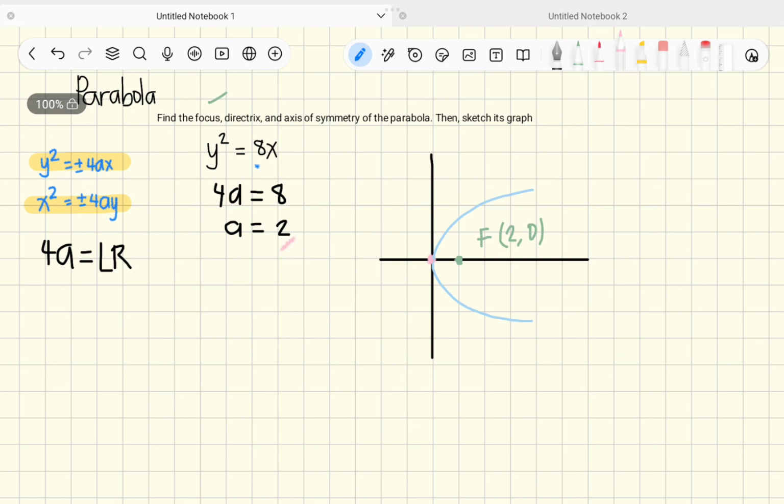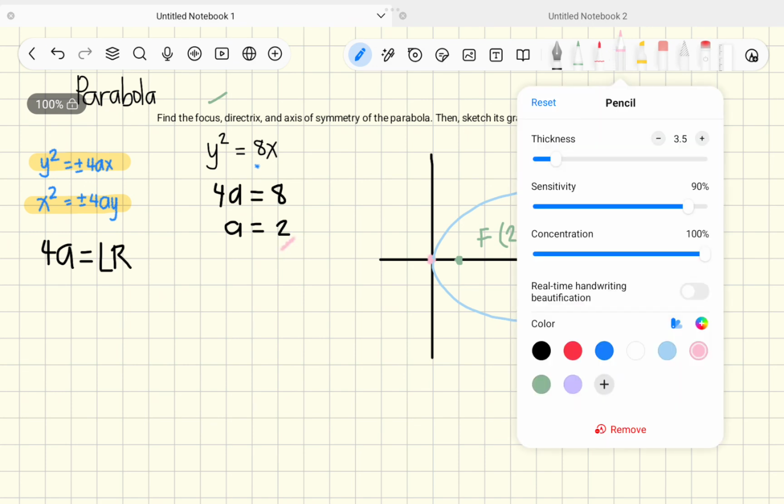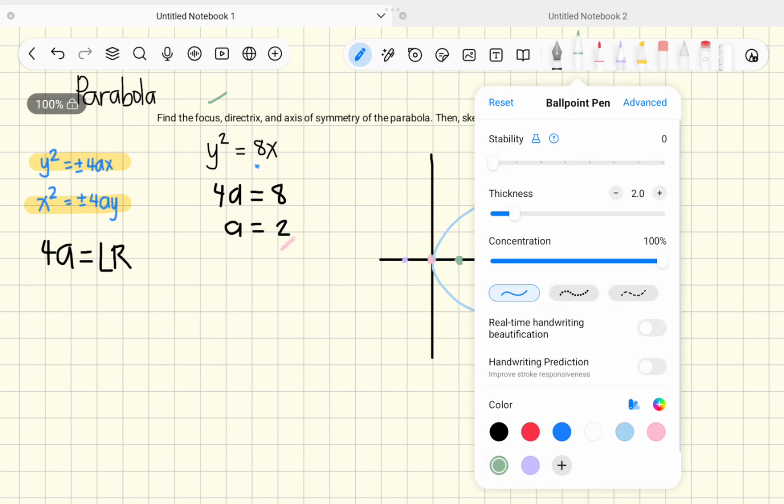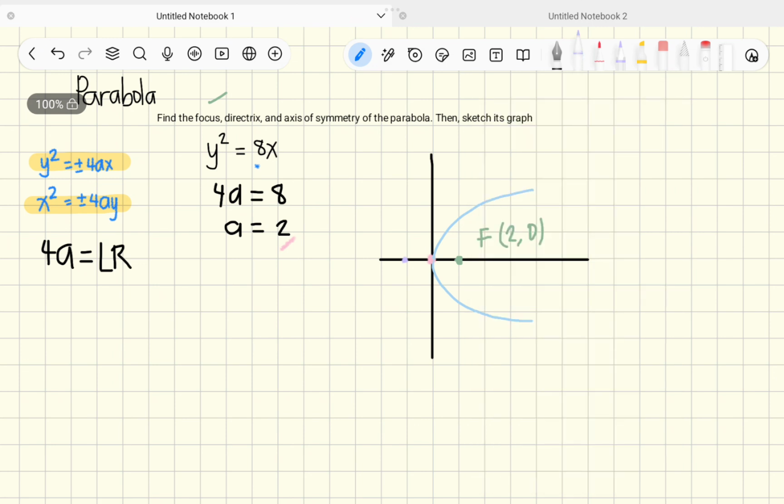So we still have a. Meaning, we go to the other side. From the vertex, we move 2 units away. This is where your directrix will pass through. Since it's a line, we have a vertical line passing through -2, 0.